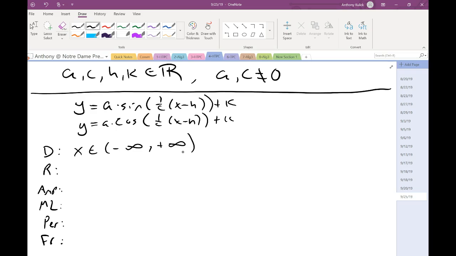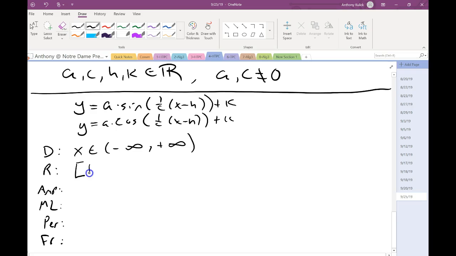All right. Will the range change? Definitely would, right? If I have a vertical stretch, the range would change. Or if I had a shift up or down, the range would change. Very good. So remember, our transformation map is A y plus K. So the same thing is going to be here for the range.